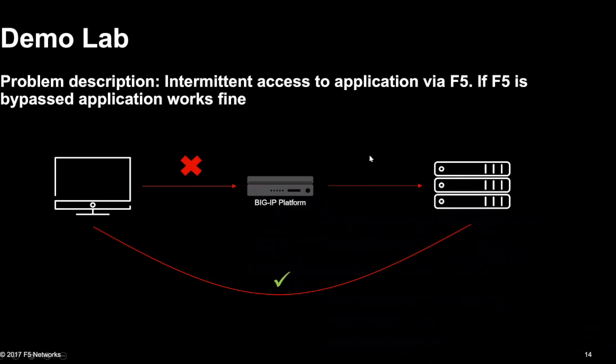So we need to know what is involved. The first thing will be to check the virtual server and the objects that are involved and the configuration of that virtual. And let's do that.